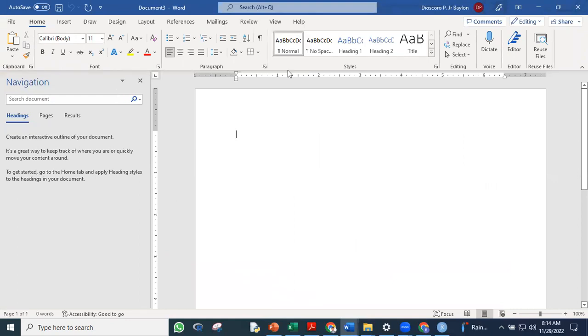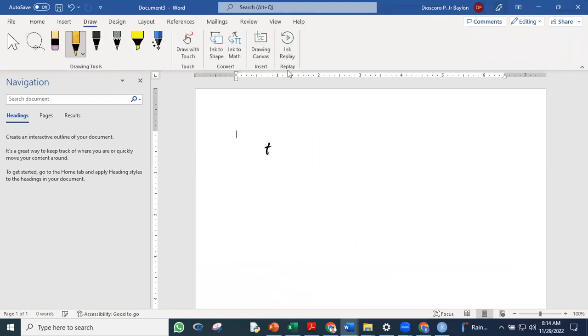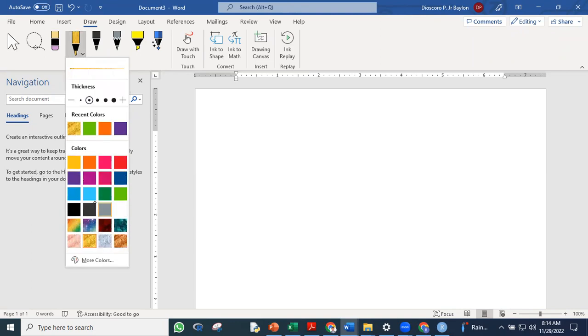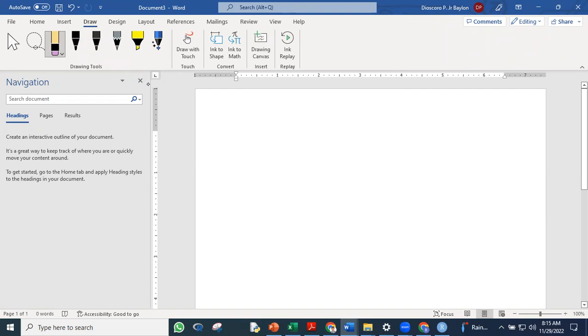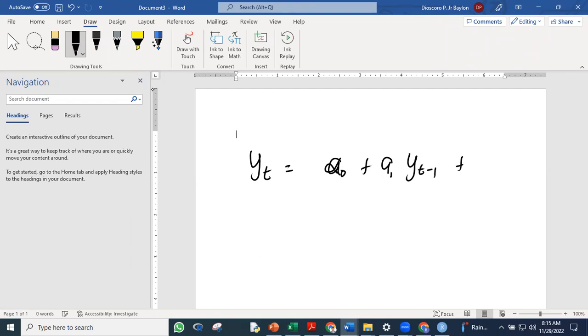Okay. So we have here y sub t. Y sub t is equal to alpha or A0 plus A1 times y sub t minus 1 plus your error term.